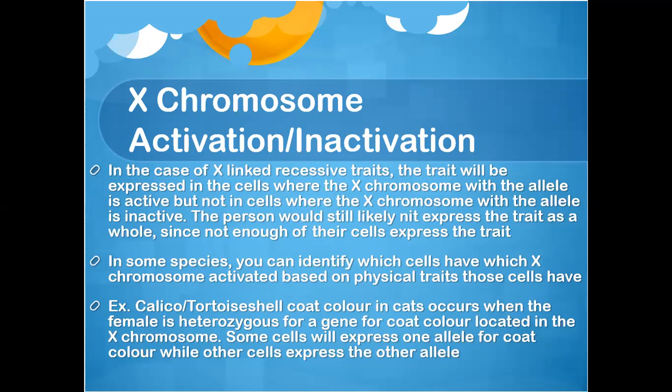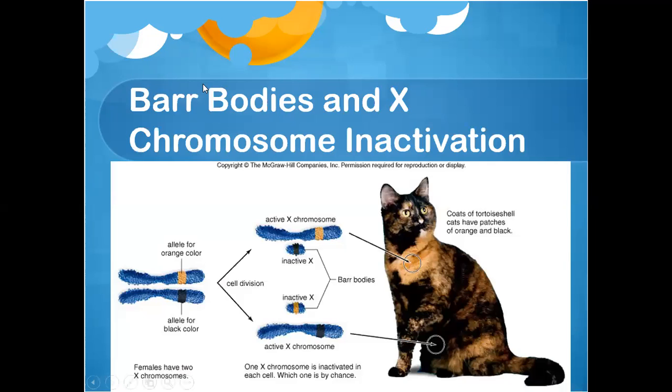So for instance, in a tortoiseshell coat-colored cat, this coat color happens in heterozygous females. And essentially what's happening is that half of the X chromosomes code for a black color, and the other half code for a tannish color.